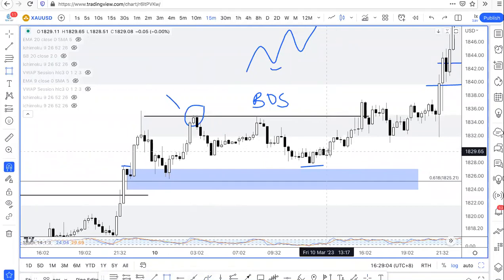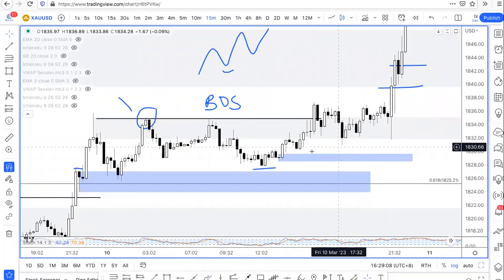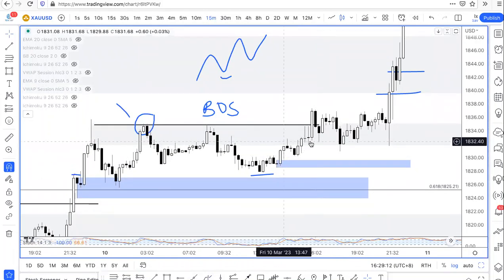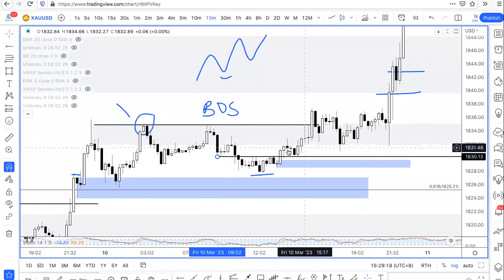So we have this low, right? In this case, this might not have been triggered if you're just picking your entries based on this. But for me, this would have been a demand area over here. If you want to base it on just support resistance zones, then it'll be this area essentially. You can see this zone.